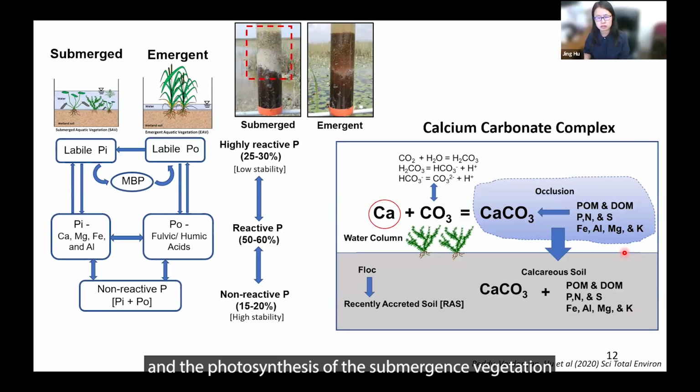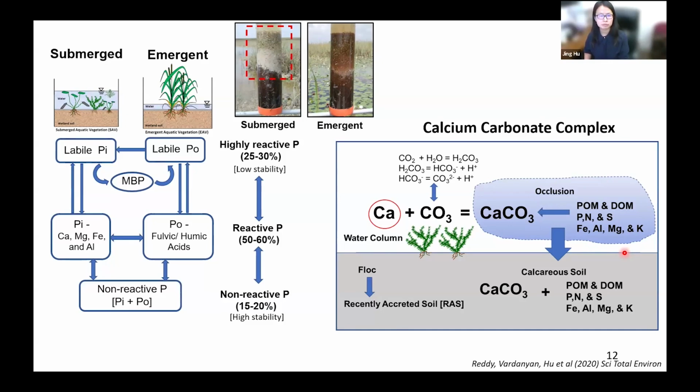And the photosynthesis of the submergent vegetation actually promotes the formation of calcium carbonate, which further facilitates the occlusion process of phosphorus, organic matter, and different metals.